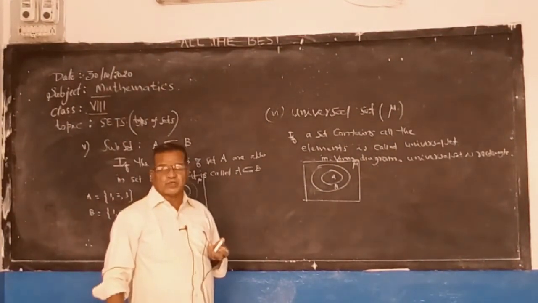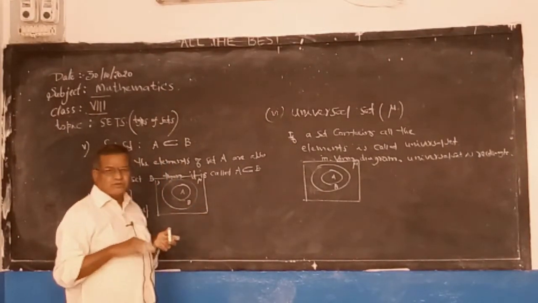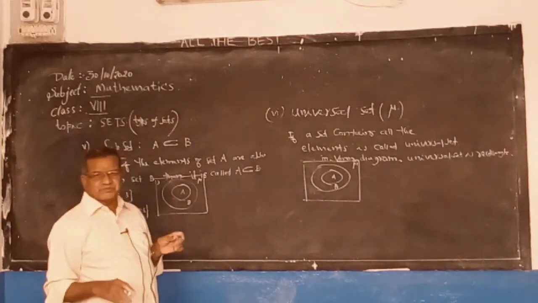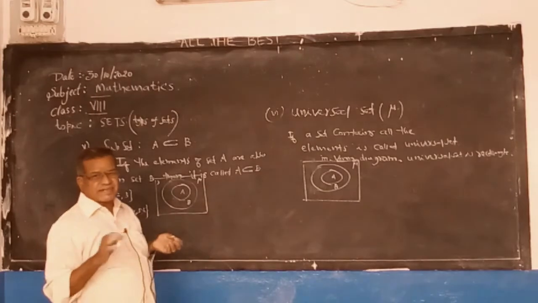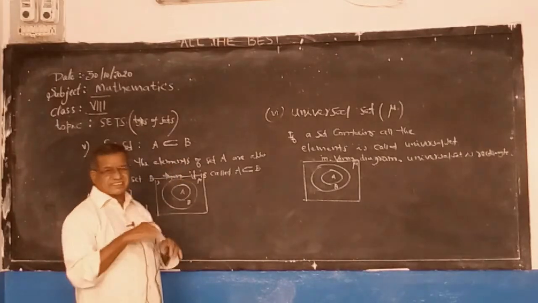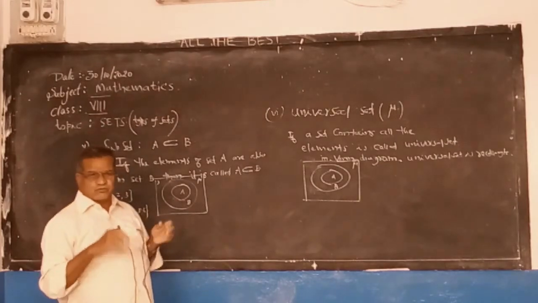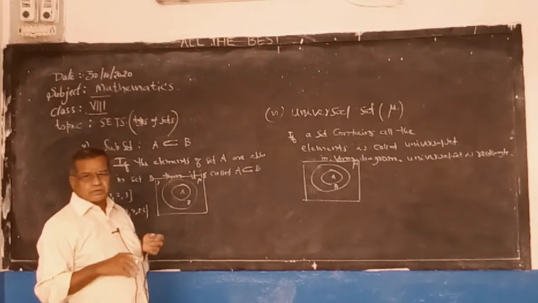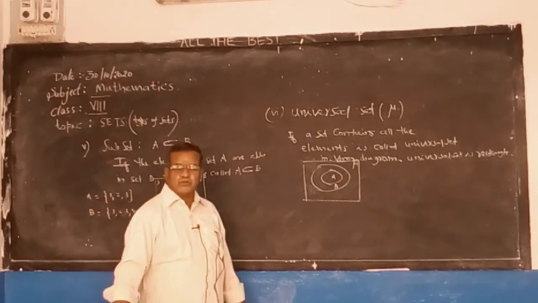Language wise, our states are divided according to languages, Tamil and so on. But the whole India is universal. Speaking about the continents, the world is a universal set. In the world there are continents. India will come under the Asian continent.